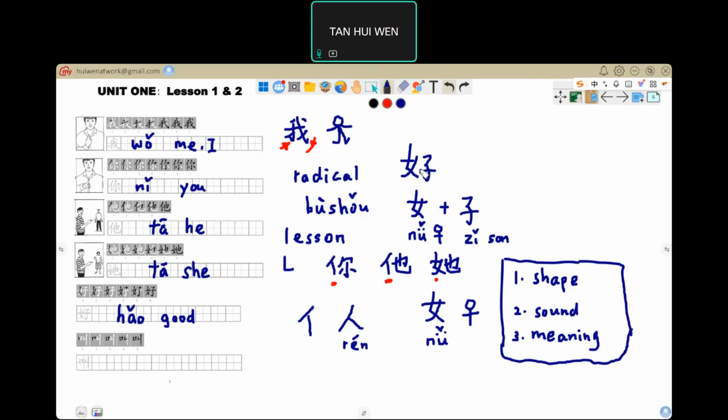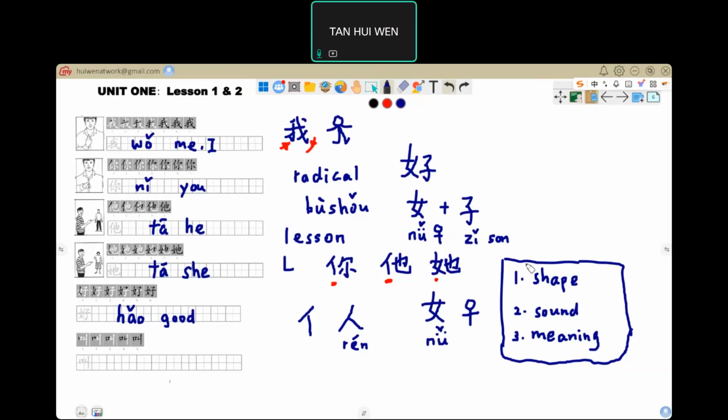Let's say we have 好. What is the shape? Okay, this is the shape for 好. How to read? The sound is hao. Meaning? It's good. And then the story to support the meaning: in a family, there is a girl and a boy. It's balanced, so the meaning is good.